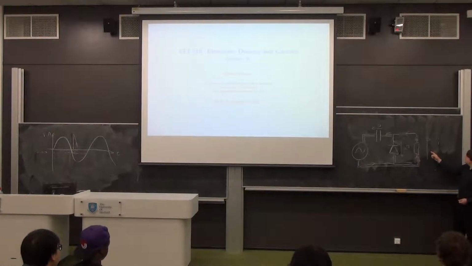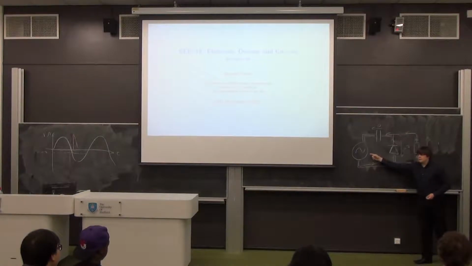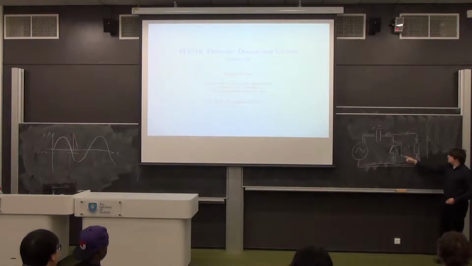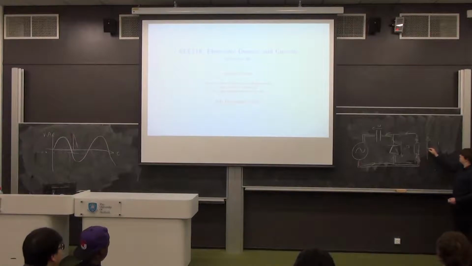It can't actually fall as low or as high as the source would have it because the diode is in parallel with the resistor and it clamps it, hence the name, at minus 0.7.